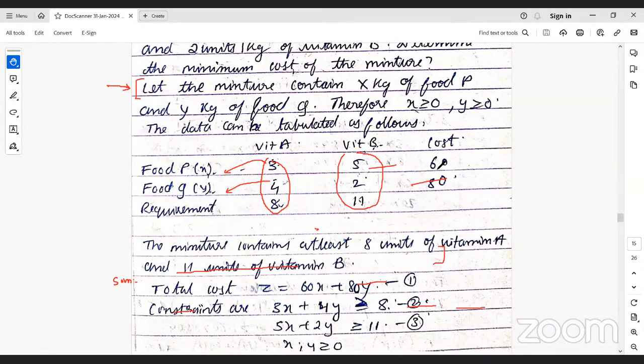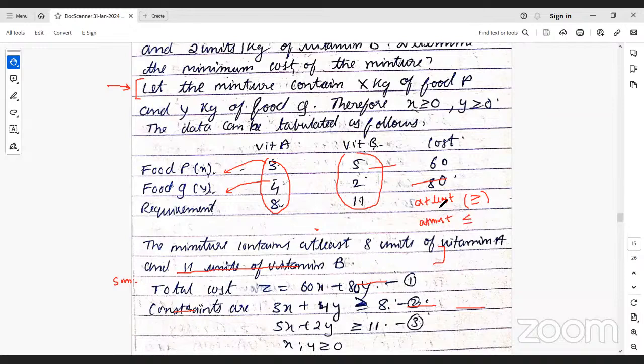Now see, whenever the words at least occur, you need to be careful in the question. Whenever at least occurs, we need to make use of the greater than equal to symbol. And then the next word is at most. At most means this is the maximum, so we need to make use of the less than equal to symbol.